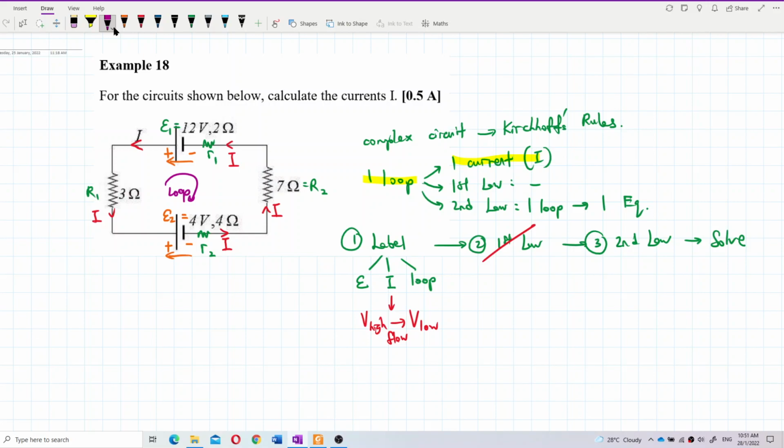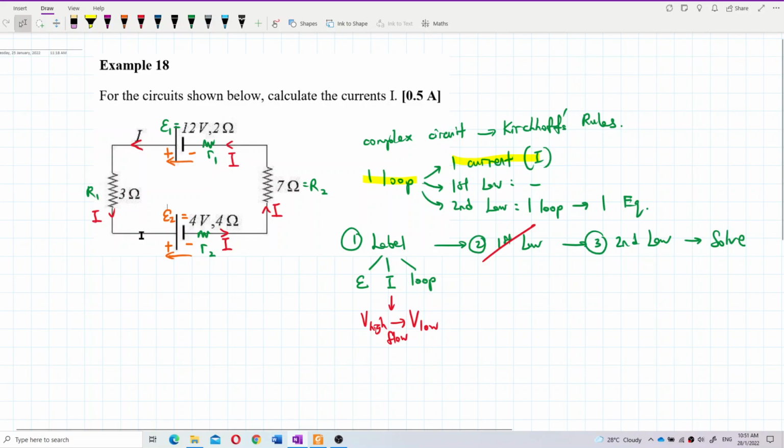It's just that if your loop direction is opposite to the current direction and EMF direction, then you will get a lot of negative values, and your equation is not so beautiful. So try to let your loop direction follow the direction of the EMF and also the direction of the current.